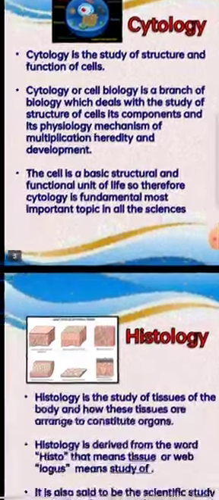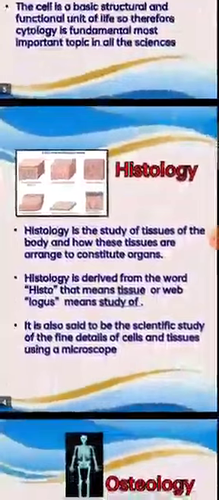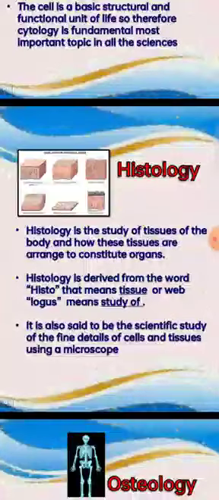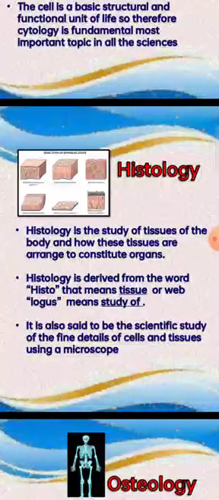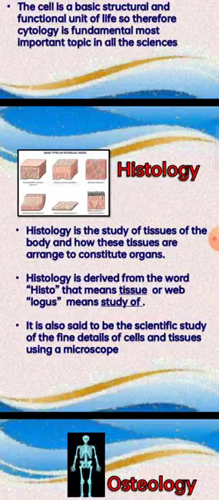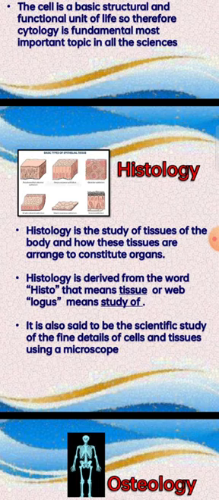Secondly, the subject included in anatomy is histology. What is histology? Histology is the study of tissues. What are the tissues, how the tissues are arranged, and how they constitute the organs. Likewise, we will be studying in the subject of histology.